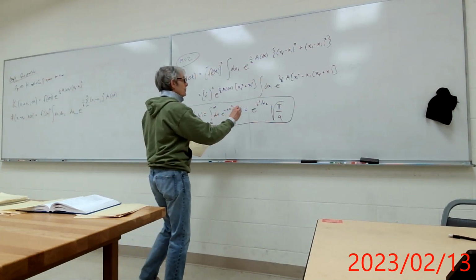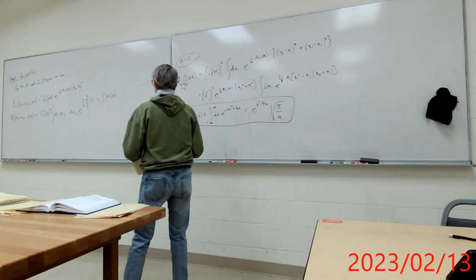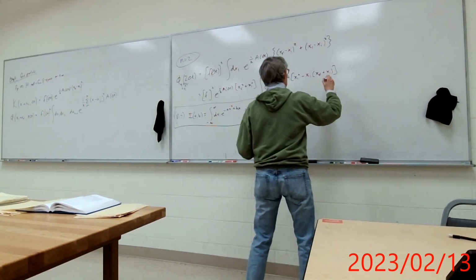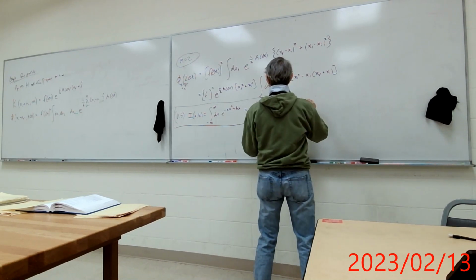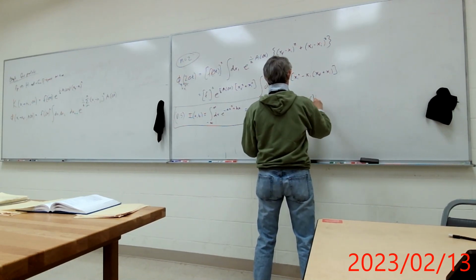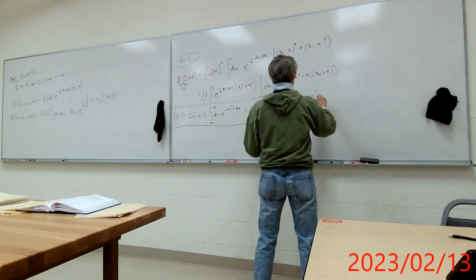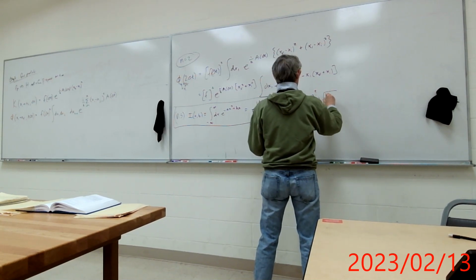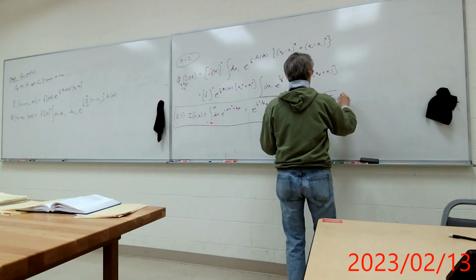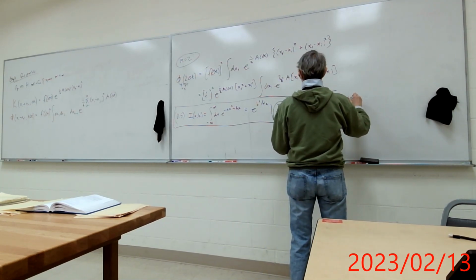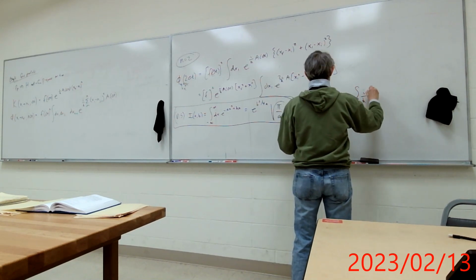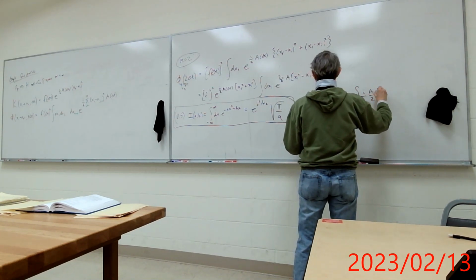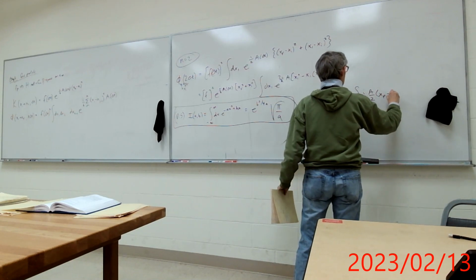And so this whole thing equals f squared times the square root of h bar pi over 2i A, times the exponential of i over h bar A over 2 times (xf minus xi) squared.